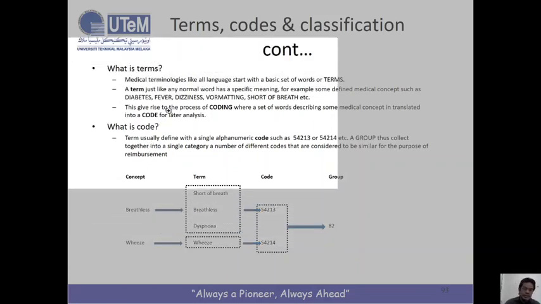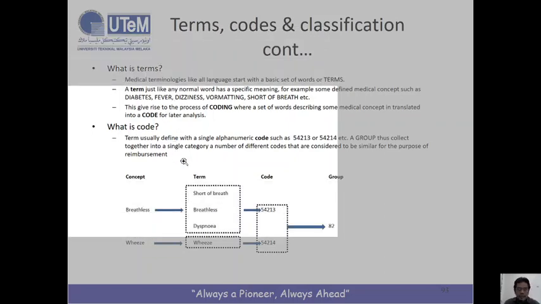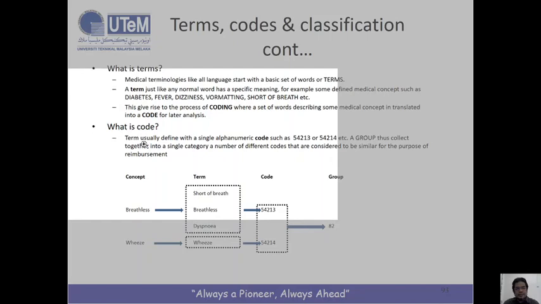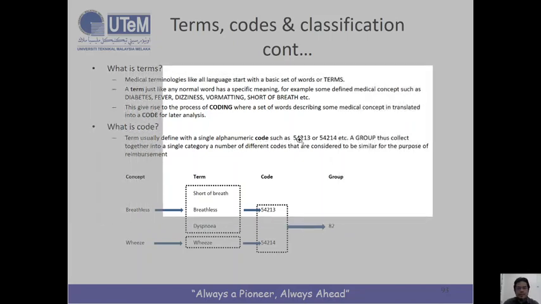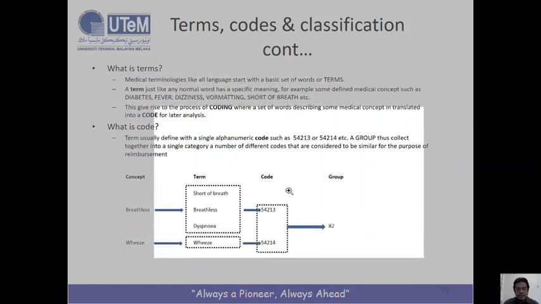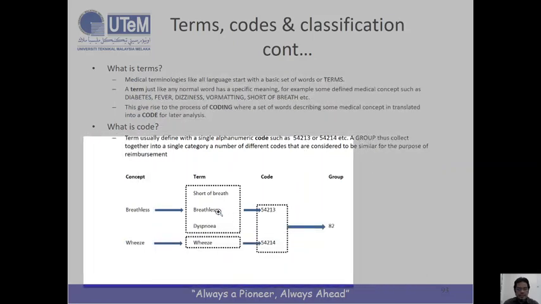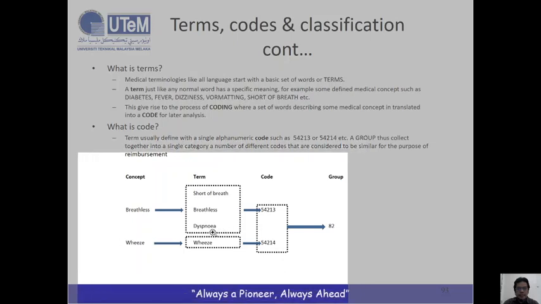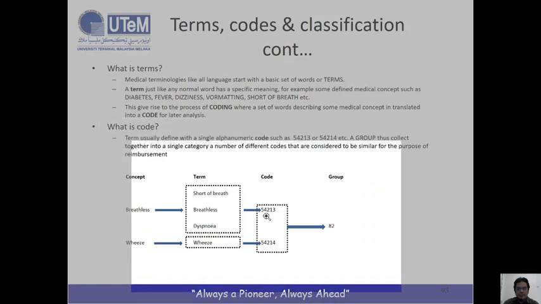We already answered the term. And what is a code? A code starts with a term, usually defined with a single alphanumeric code, such as 54213, which represents breathless, or dysphonia, or short of breath.